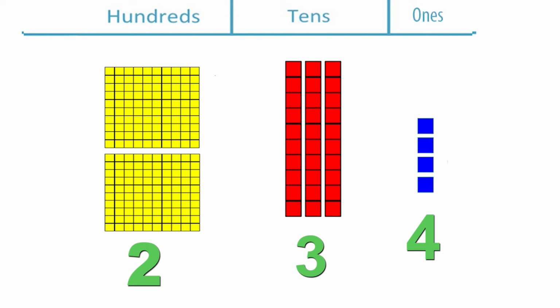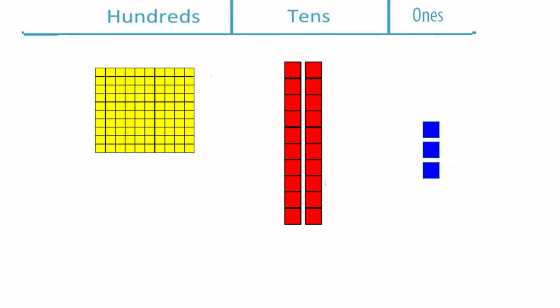Okay, boys and girls? Now I want you to work the second one for me. Take a look at the second one. We have the yellow flat one. We have 2 of the red ones, and we have 3 of the blue ones. That number will be, can anybody tell me?